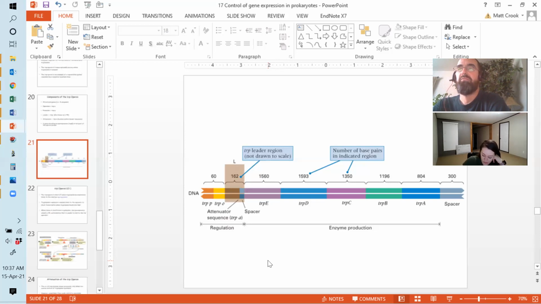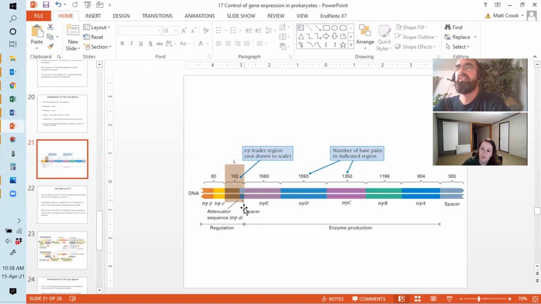Now, there's a little bit of, in a sense, pointless revision for you. What's involved in intrinsic termination of transcription in prokaryotes? Not rho dependent, although that's kind of in there too, but intrinsic. What forms to kick RNA polymerase off of DNA? A hairpin loop. Yeah, a hairpin loop. It's exactly what it is.